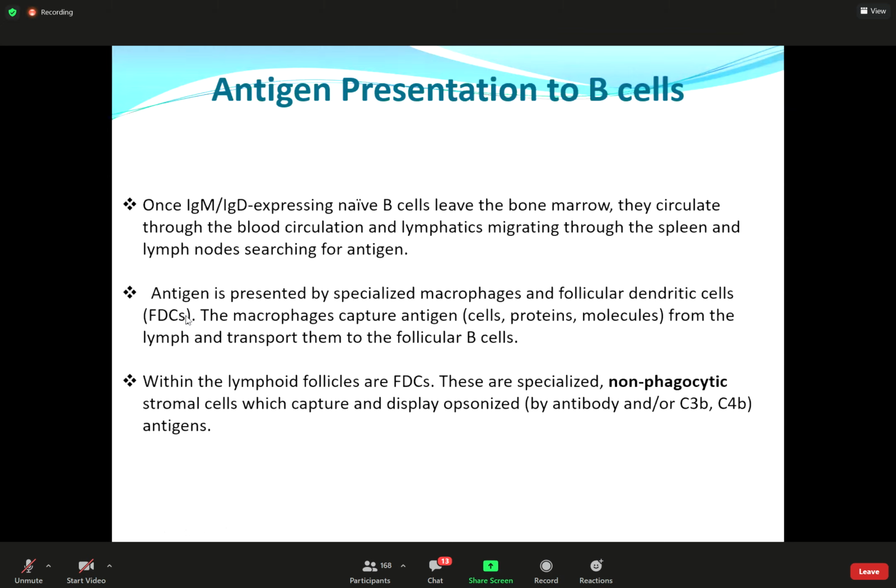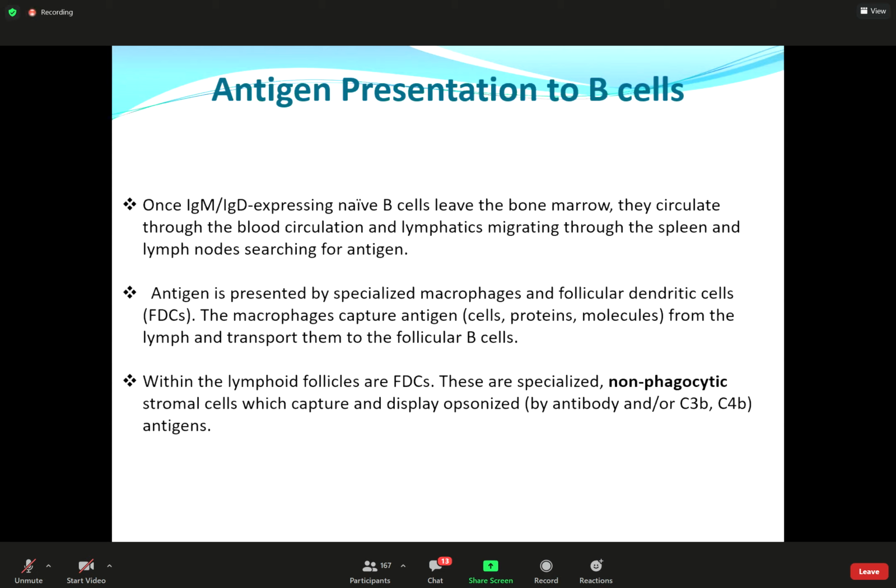They differ from the dendritic cells for T cells in that they're non-phagocytic and they can attach to opsonized antigens, whether these opsonized antigens are bound by antibody or complement components like C3b or C4b, because these follicular dendritic cells have receptors for the Fc region of antibodies as well as for these complement components.